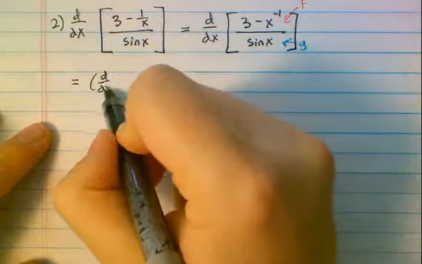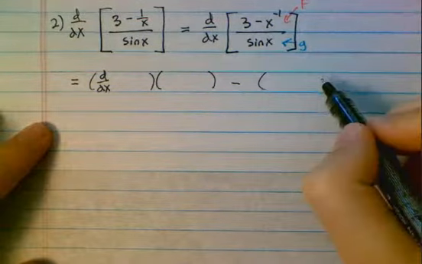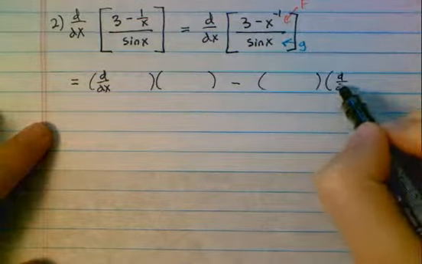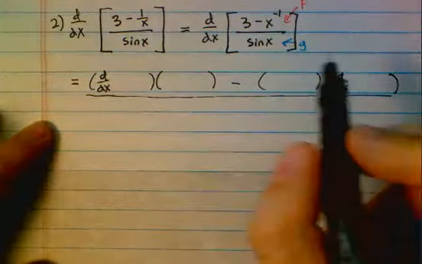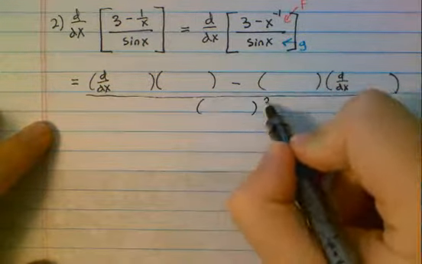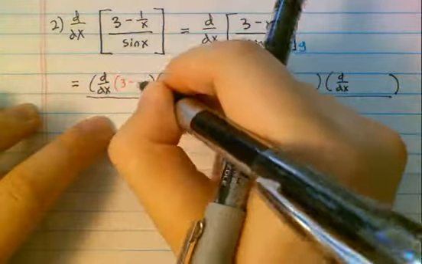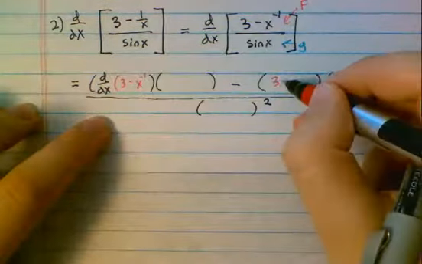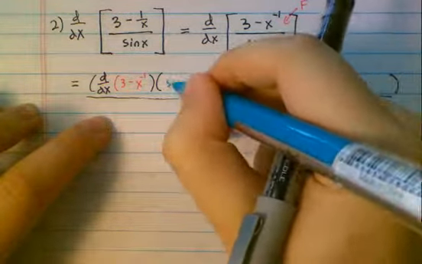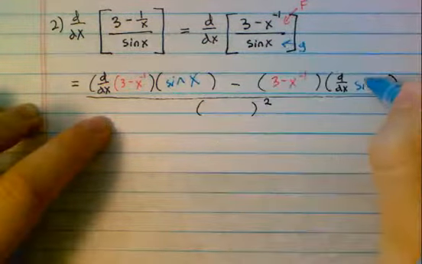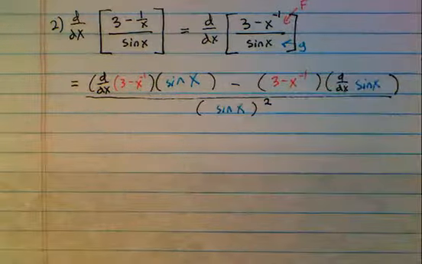We're going to have our f prime g minus f g prime all over g squared. So this is 3 minus x to the negative 1, sine x, sine x, sine x.